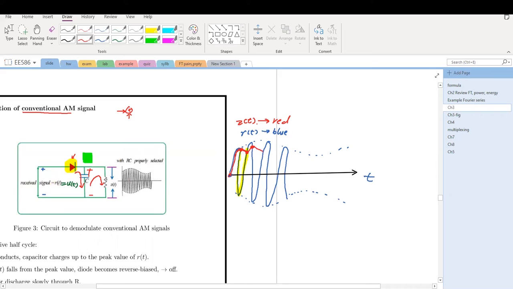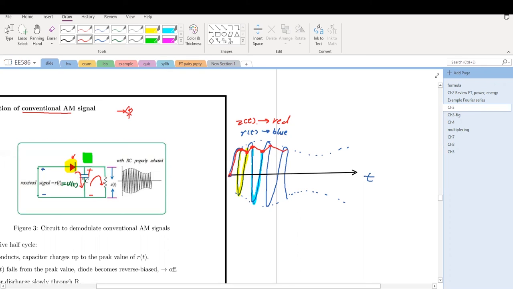The capacitor is discharging. When the input is higher than the output, the capacitor is charging again. And it just goes on like this.